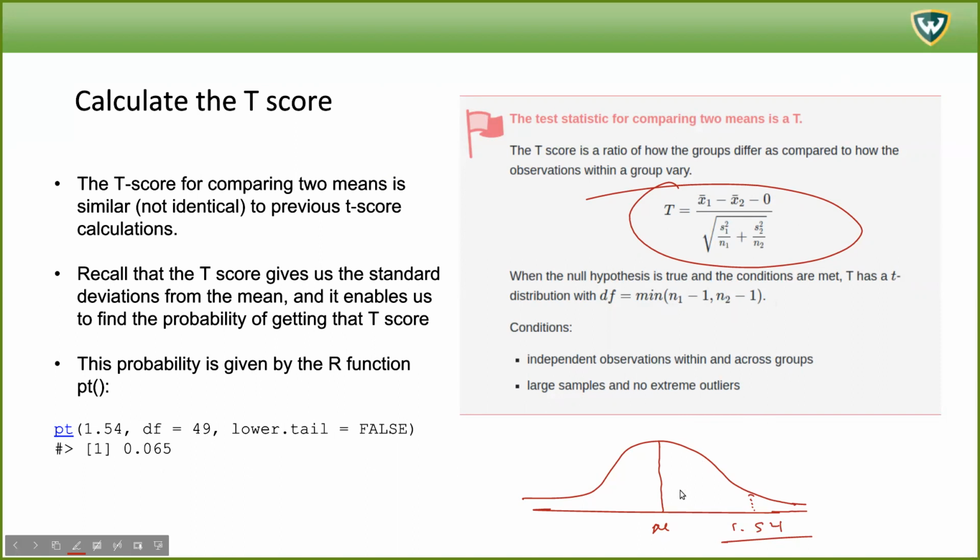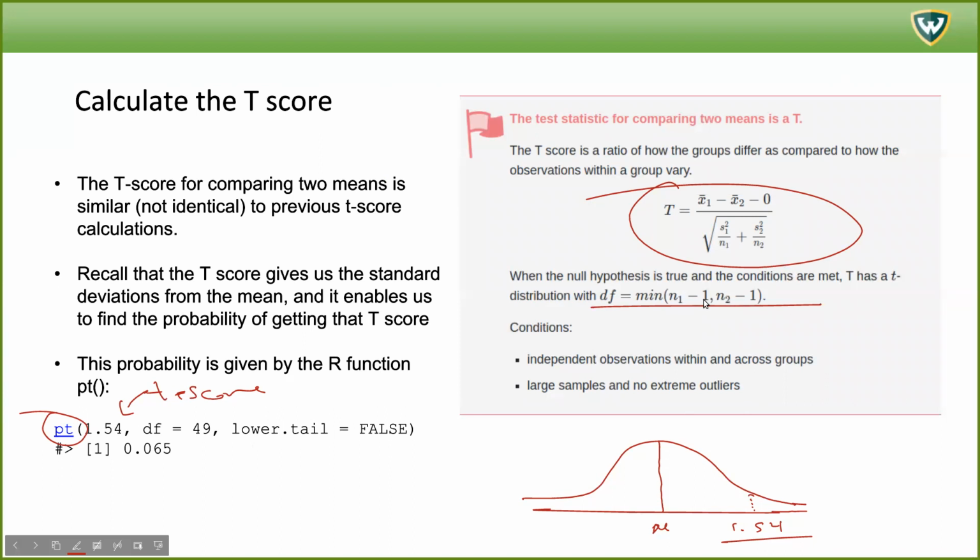But that's not enough to give us the probability. For us to understand the probability of getting this value, we need to put it into a kind of probability function like the pt function of R. In the pt function of R, we give the t-score. That's the first parameter. And we also need to give the degrees of freedom. So there's a calculation here for the degrees of freedom.